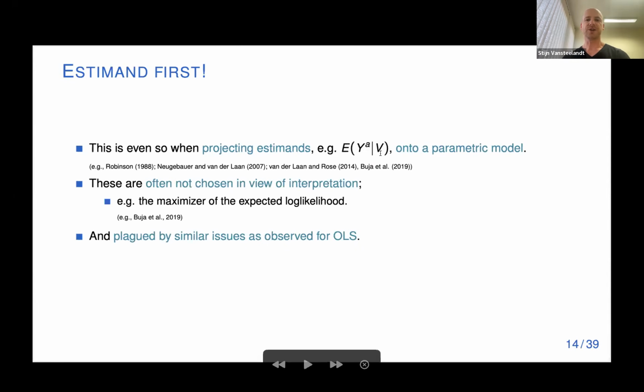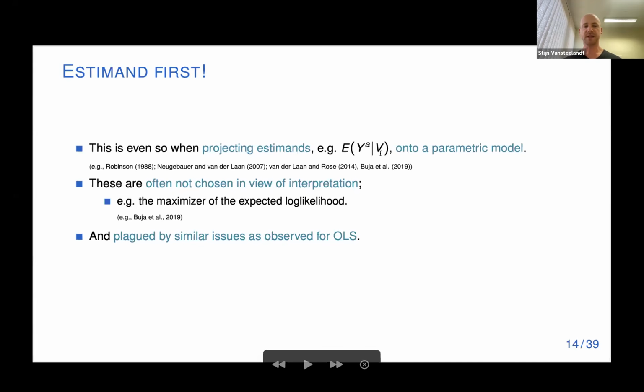But this literature, I think, also has a few concerns that motivated the work. The estimands used in that literature are not always chosen in view of interpretation. And I think a clear contribution of causal inference has been precisely to make sure that we look at estimands that have good interpretability.